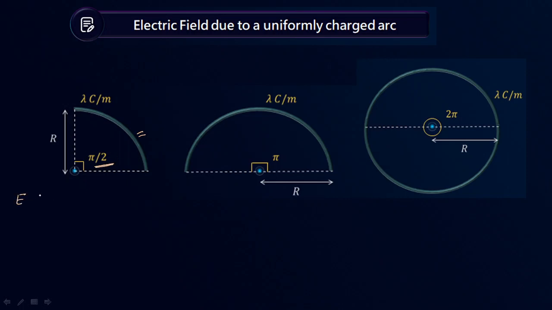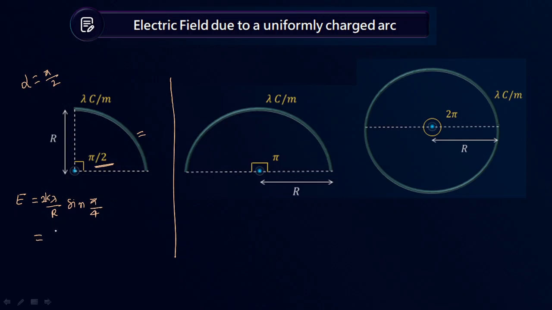So E equals 2k lambda by r sine alpha by 2, and alpha is pi by 2, so it becomes sine pi by 4, and sine pi by 4 is 1 by root 2.